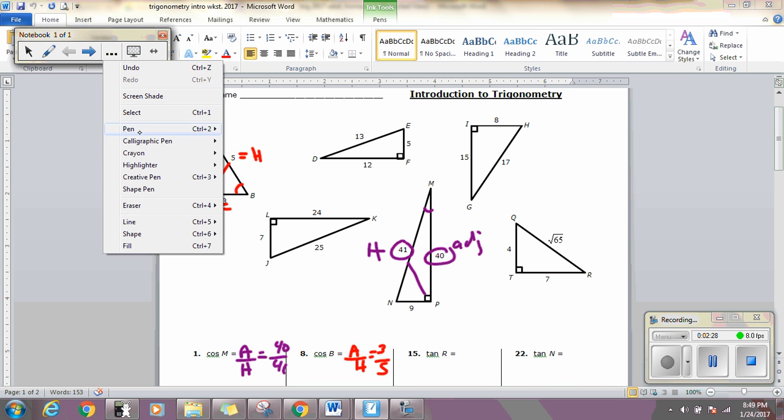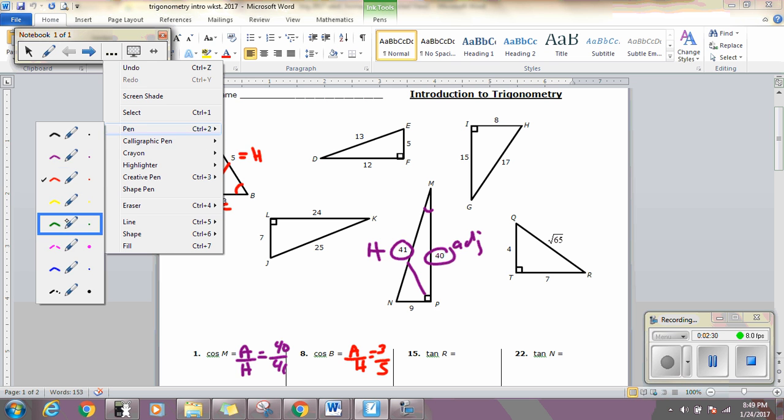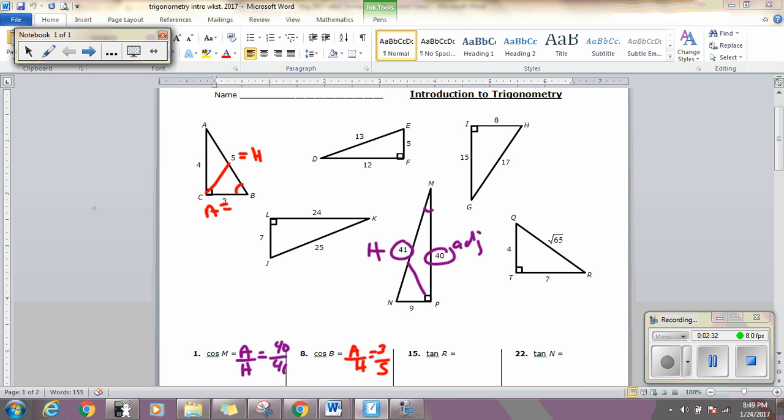Number 15 wants us to find the tan of R. So the triangle that has R on it is right here, and here is R. For a tangent, I need opposite over adjacent. And where am I getting all these from besides your notes? Always remember SOHCAHTOA.